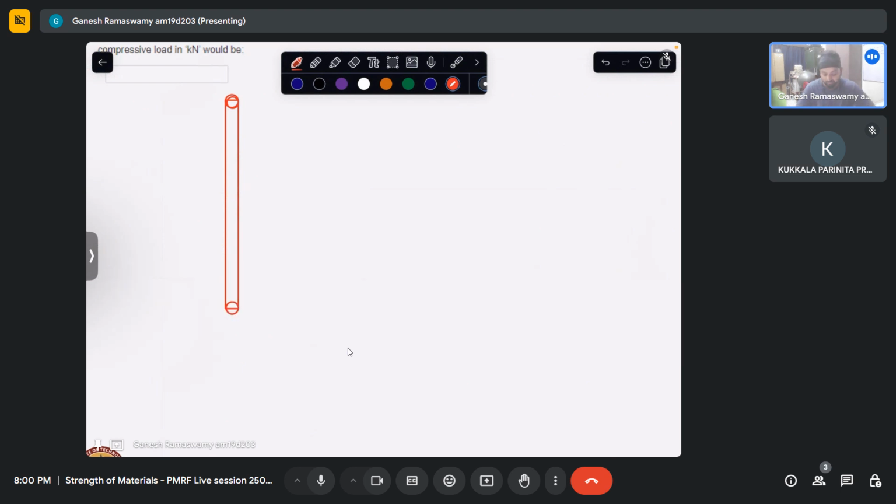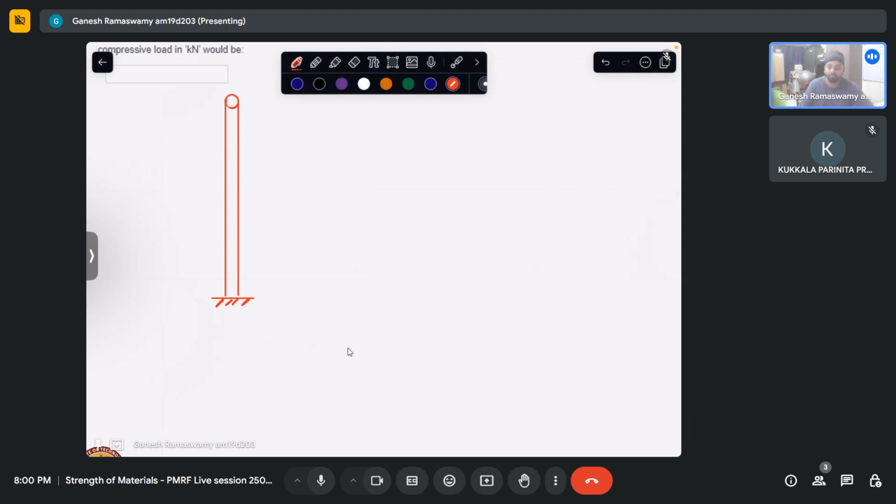Or rather, let me restrict it. So I have restricted the rotation here and it is allowed on the top.